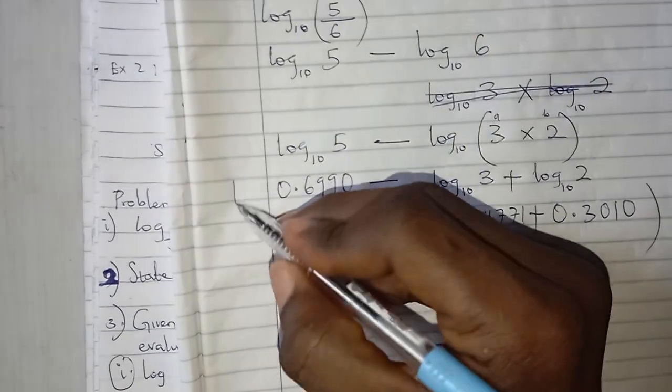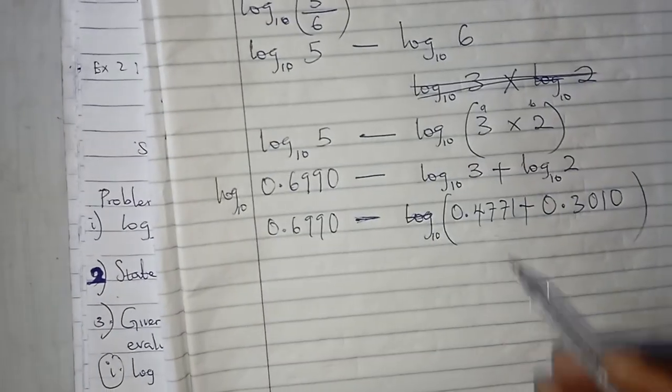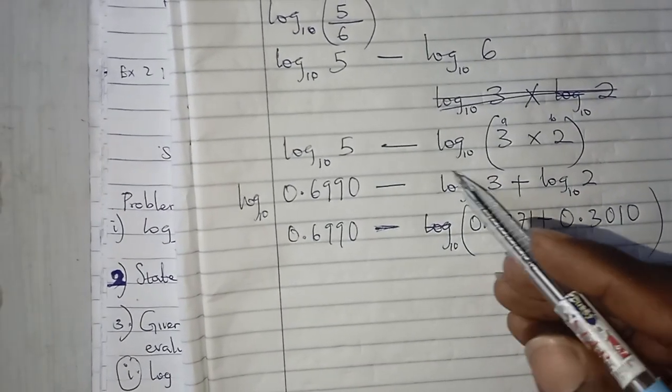So remember that this one is carrying log 2, log 10. So we are keeping the logs one side.